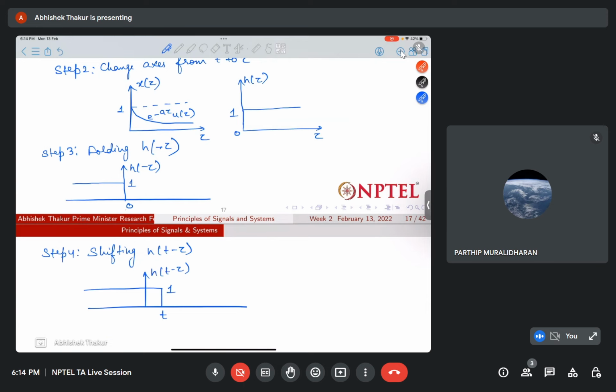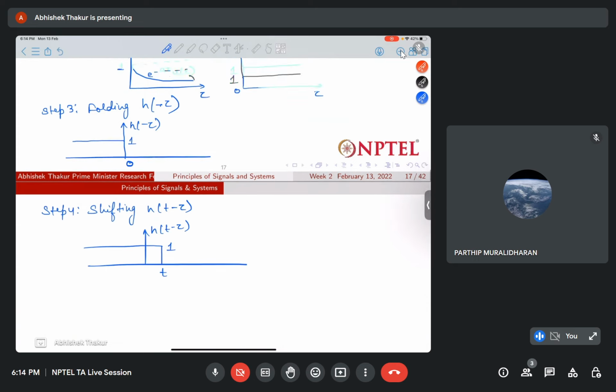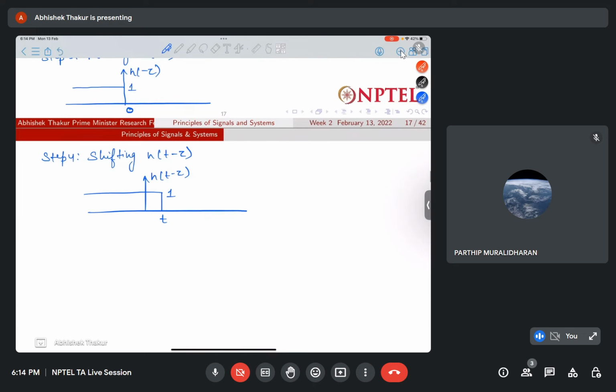Because it was starting from 0, now it will shift by t units. So ht minus tau will be like this. Now we will multiply x tau into ht minus tau. That is step 5.